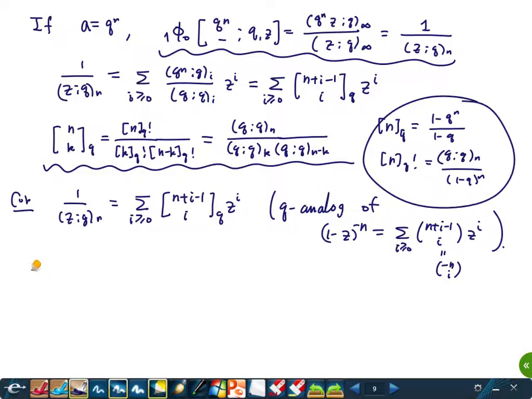And by the same idea, if you consider a equals q to the minus n, then you get this corollary.